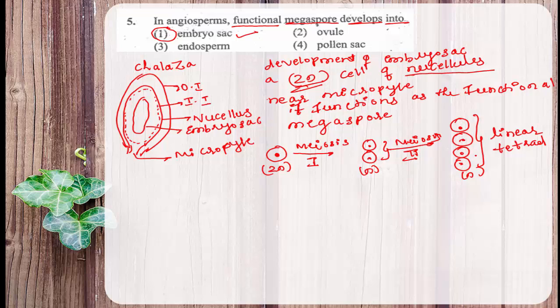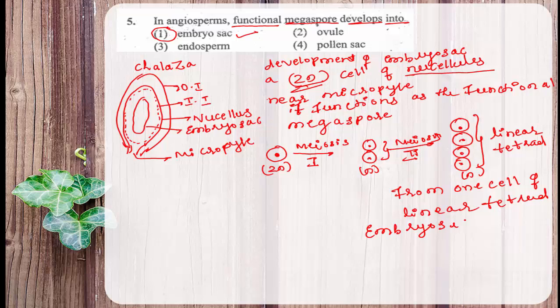Among the 4 cells, from one cell of linear tetrad, finally the embryo sac develops.